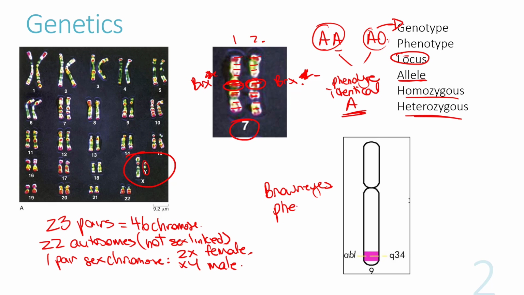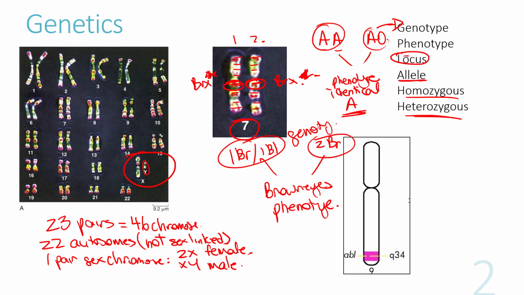Another example is if a person has brown eyes, that would be the phenotype. A person with brown eyes can inherit one brown-eyed gene from one parent and one blue-eyed gene from the second parent, or can have two brown-eyed genes, right? So the genes that they inherit from the parents are the genotype, whereas what they show, which is brown eyes, is the phenotype, right?